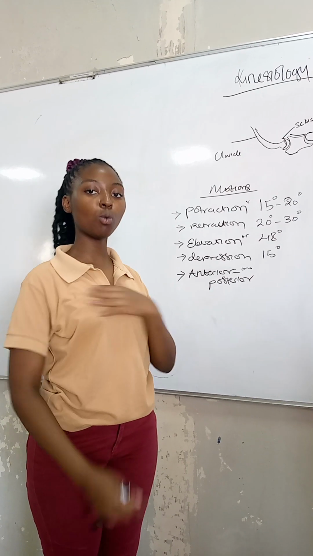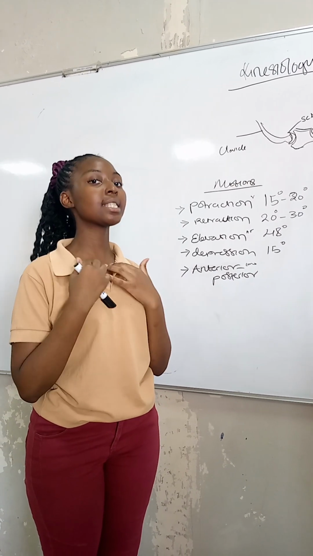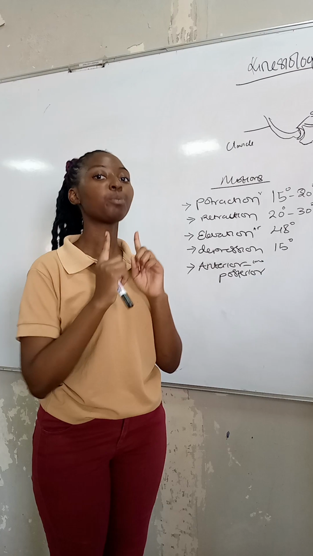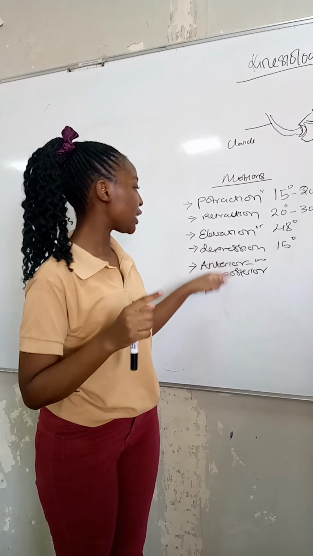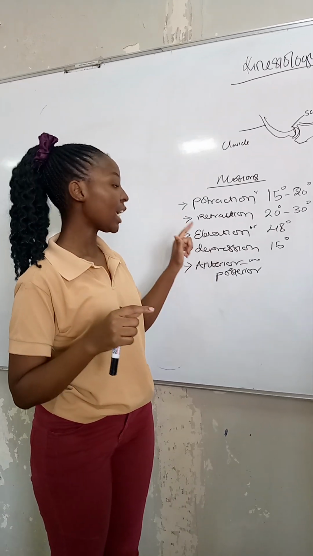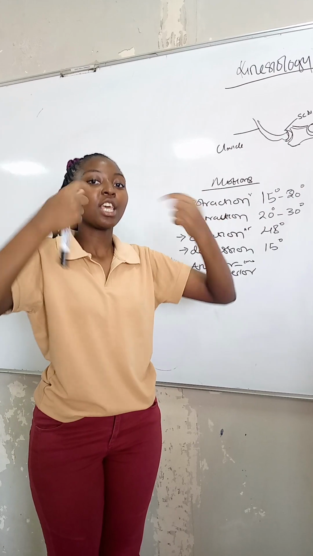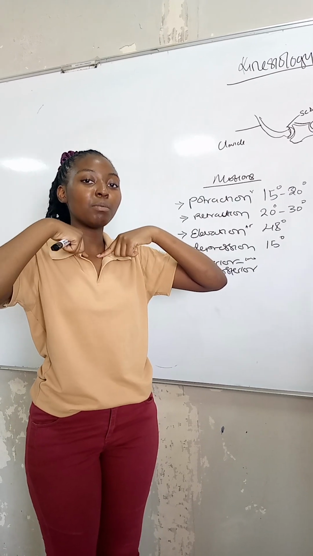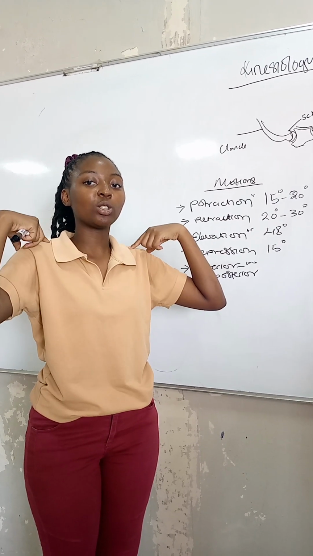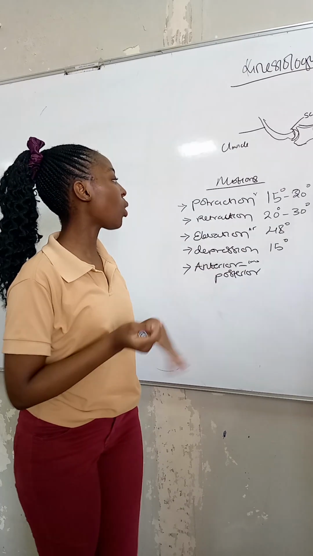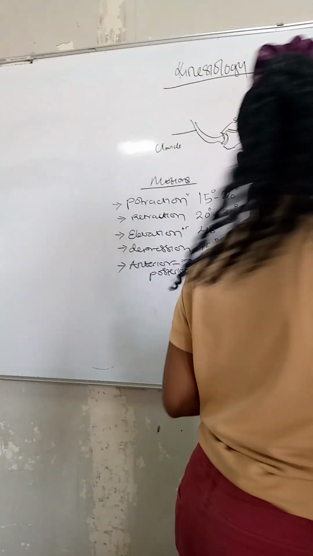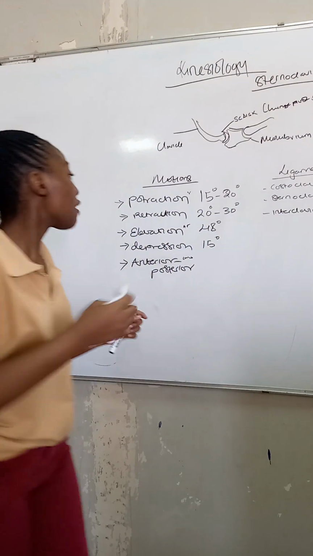The lateral aspect moves downwards, whilst the medial aspect moves superiorly. During elevation, it is the opposite: the medial side goes downwards, and the lateral side goes upwards. So elevation occurs at 48 degrees, and depression occurs at 15 degrees.